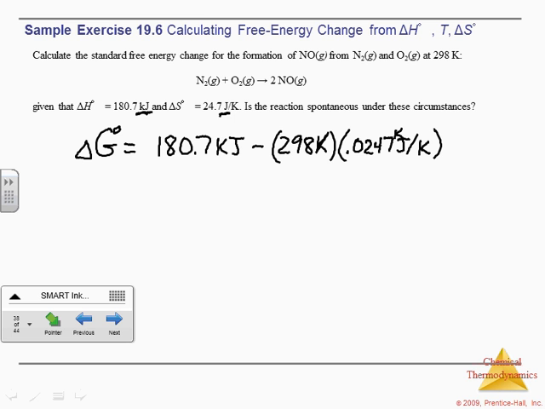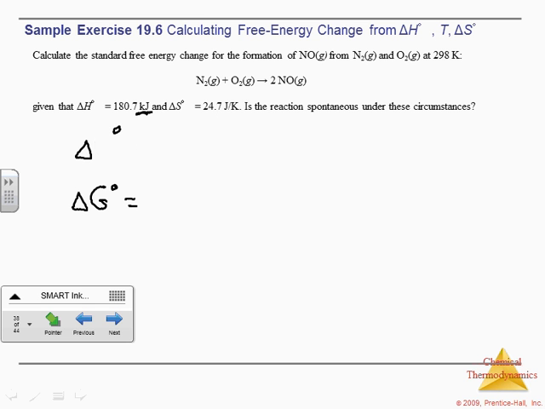Kelvin's going to cancel out, so that leaves us with kilojoules for both, so we can subtract those two from one another. And then when you do that, you're going to get a number. And I don't feel like calculating it right now, so I'm going to erase this work, and I'm just going to show you the work that they have on here.